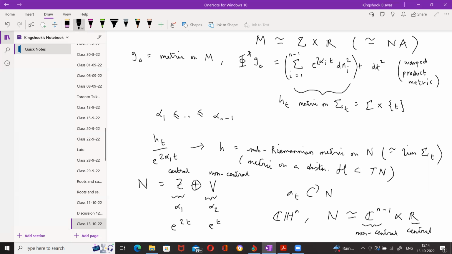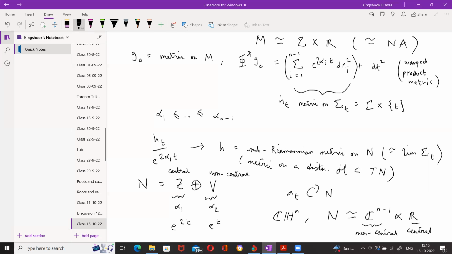This is a distribution of codimension 1 in the Heisenberg group. And this gives you what's called a contact distribution, and you get a sub-Riemannian metric there. Then you have Chow's theorem: because it's a contact distribution, any 2 points in the Heisenberg group can be joined by a horizontal curve, a curve which is everywhere tangent to the distribution.